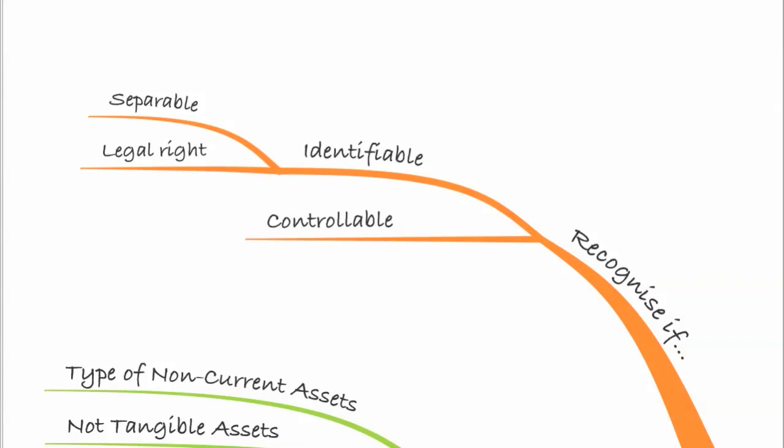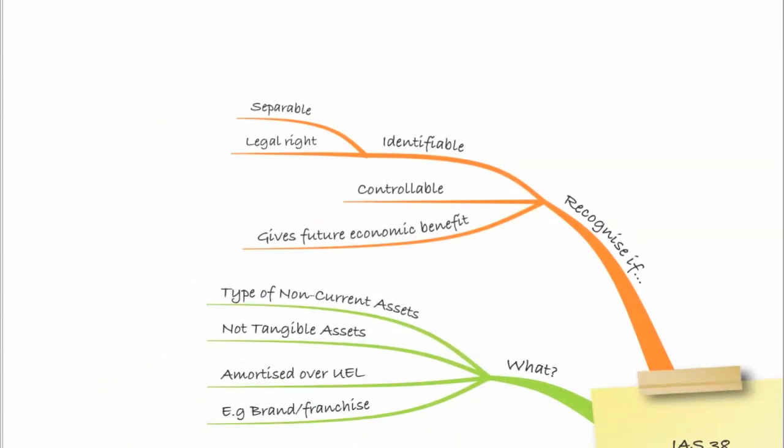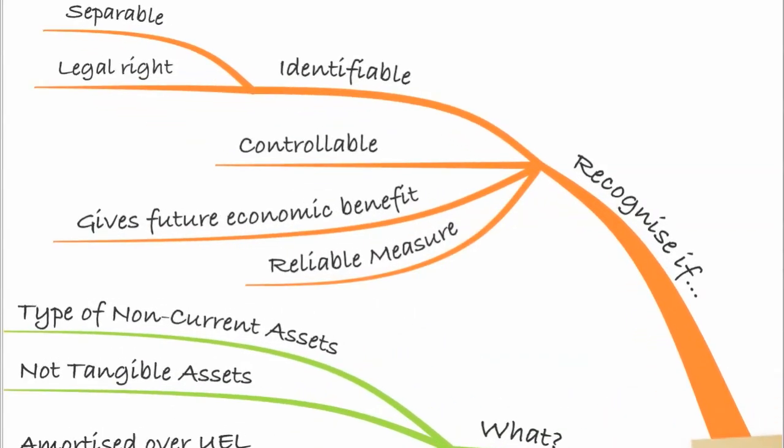I said that you could control it through the legal right to it, and that's back to our definition of an asset. It must be going to give you future economic benefit. Again, that's back to the definition of an asset. It must be going to give you future economic benefit, i.e. profit. And we must be able to get a reliable measure of it.